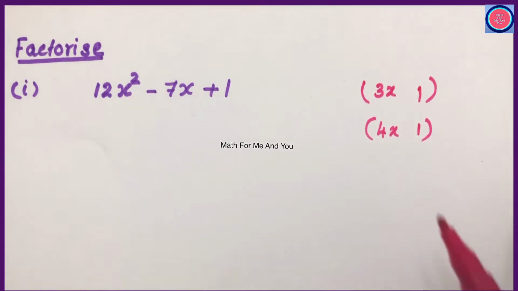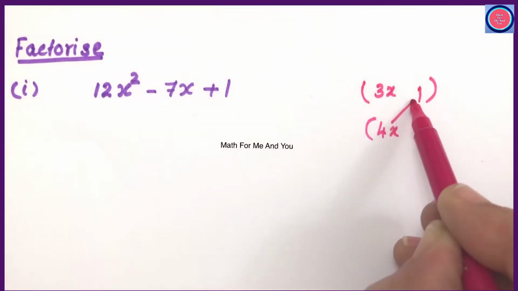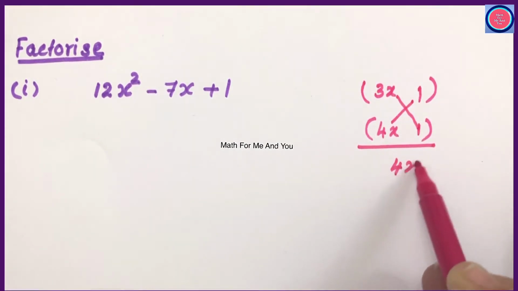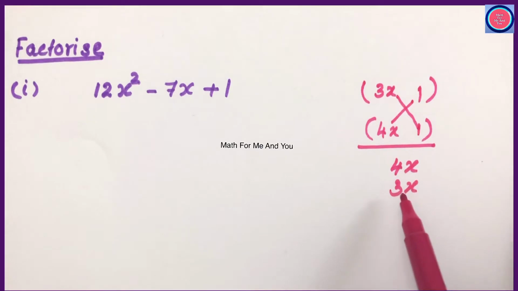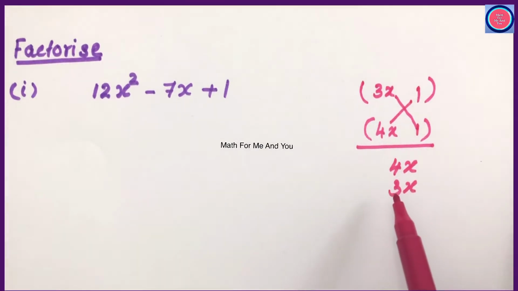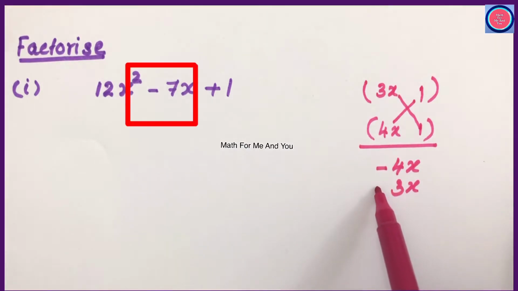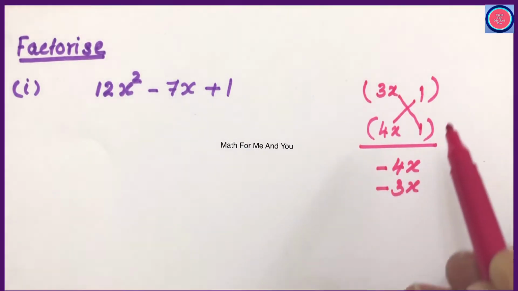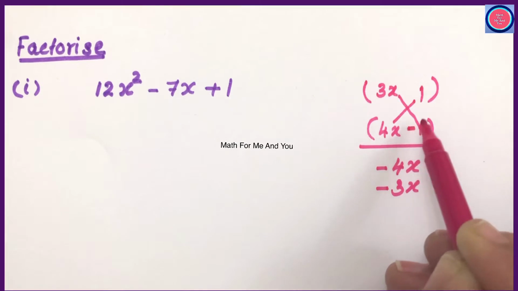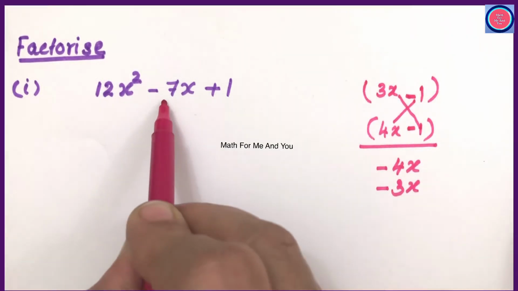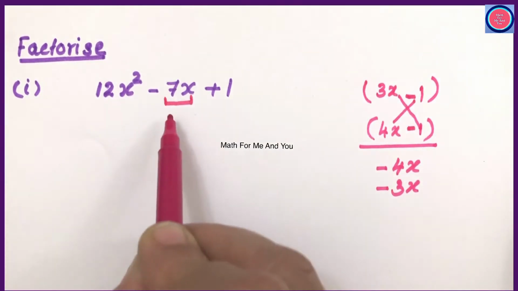Now we cross multiply to check whether we get the middle term or not. 4x times 1 is 4x, 3x times 1 is 3x, but the middle term is negative 7x. How do we get this? If we keep both terms negative, we get minus 7x. That means change 1 to negative 1 in both the factors, we get negative 4x and negative 3x together, negative 7x. From here we get the idea how to split minus 7x.